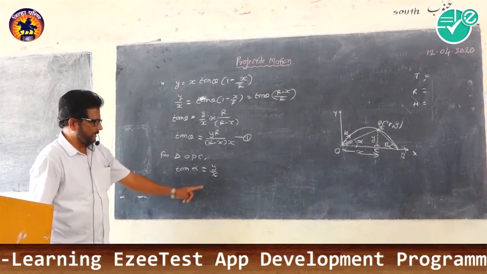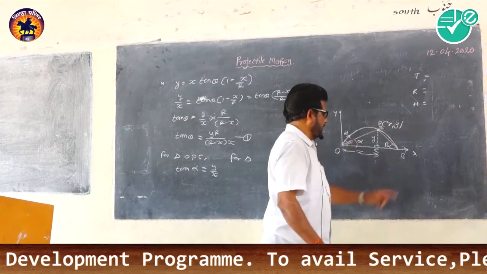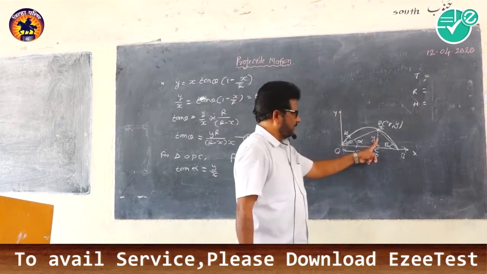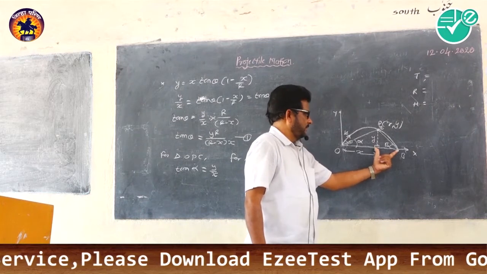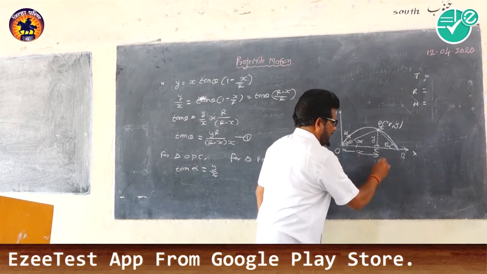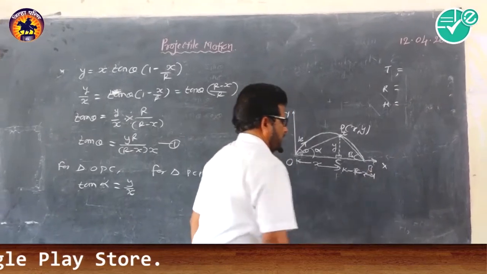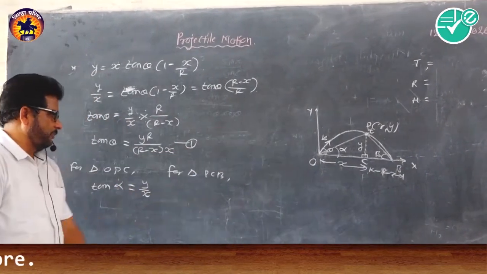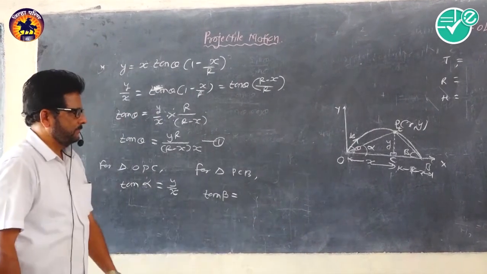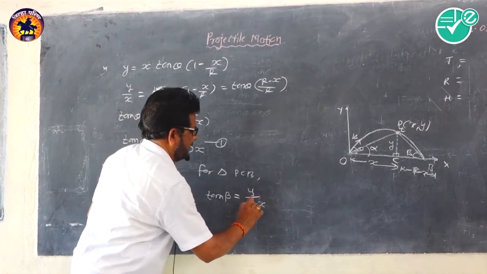And for triangle PCB, here y is the height and CB is the base. If this is the range and this is x, then this distance is R minus x. So from this triangle we can write tan beta equal to height y upon R minus x.